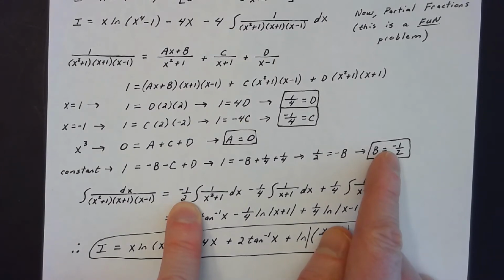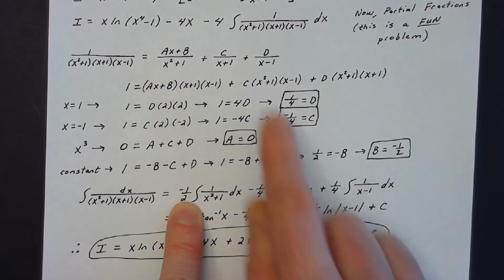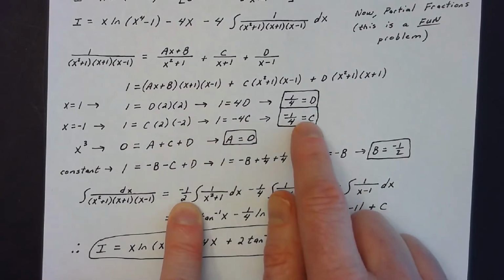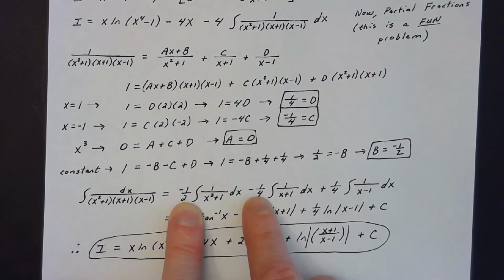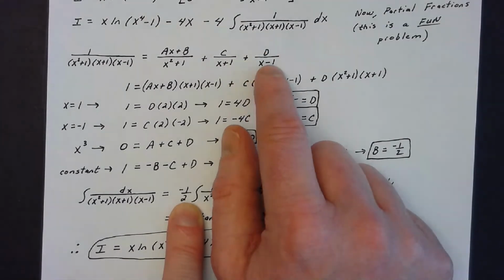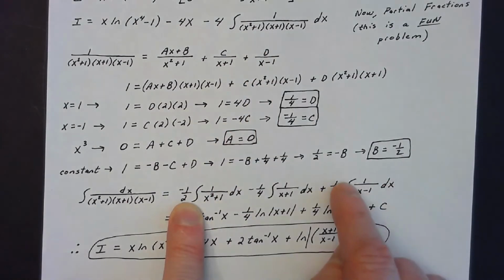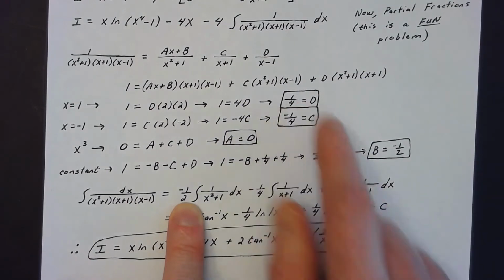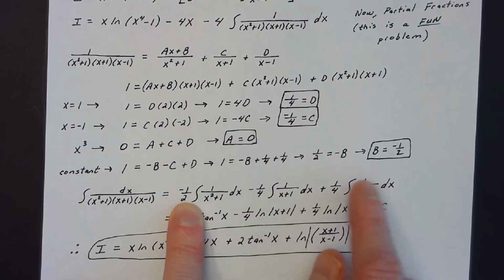And then the plus c over x plus 1, I know c was minus 1/4, so I brought the minus 1/4 out in front, times 1 over x plus 1. My last term would be d over x minus 1, and d was 1/4, so I put plus 1/4 on the integral of 1 over x minus 1.